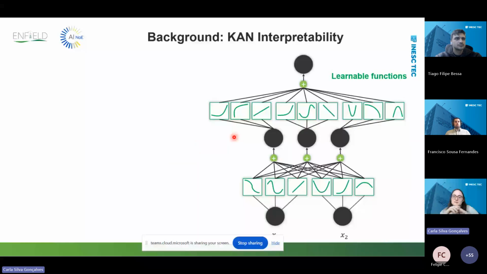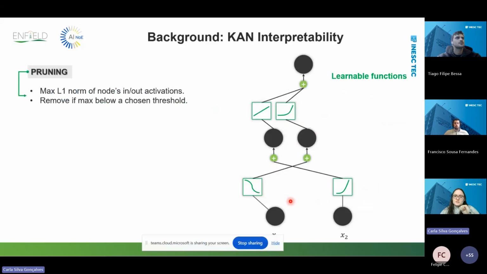Now, in terms of interpretability, why do people say they are interpretable? First, this is a complex thing. We have many connections, edges. So we can do some pruning to start.